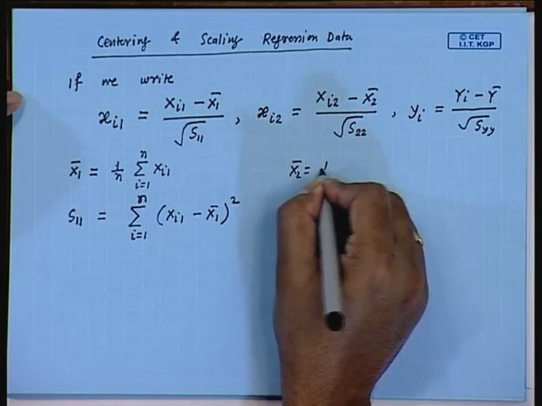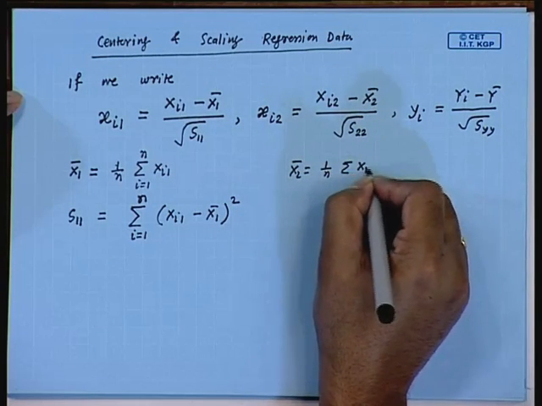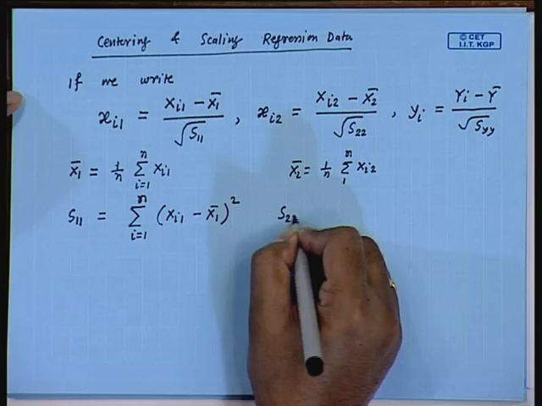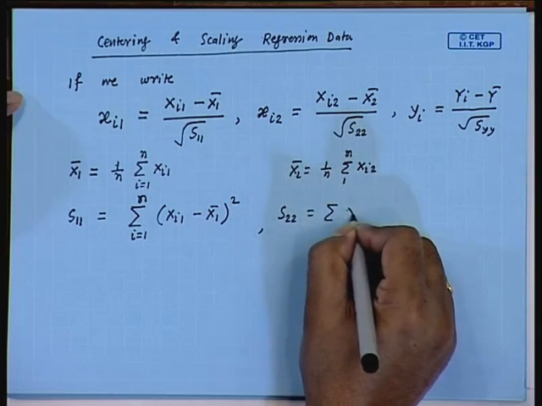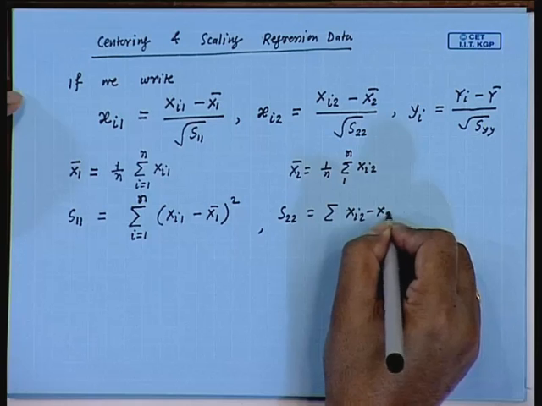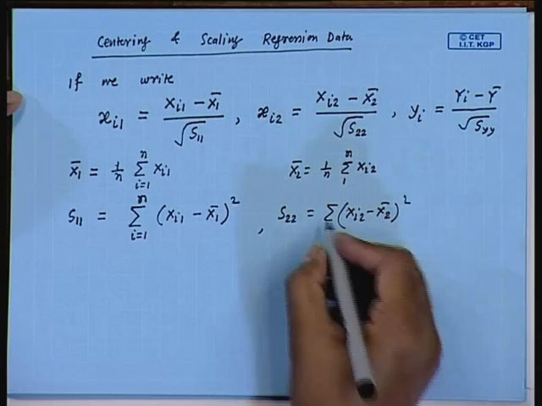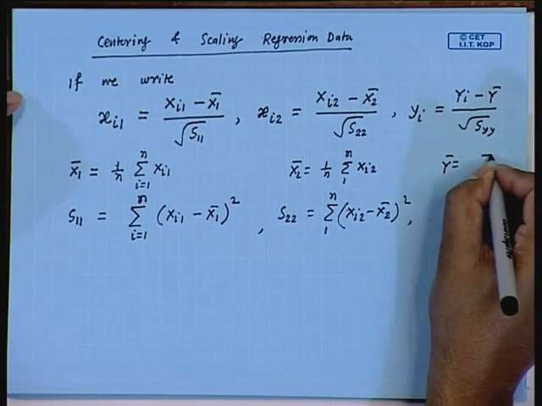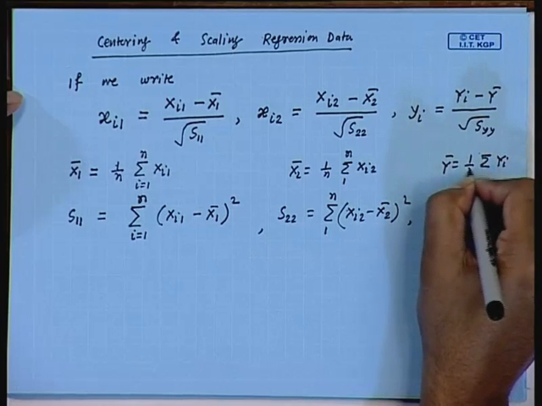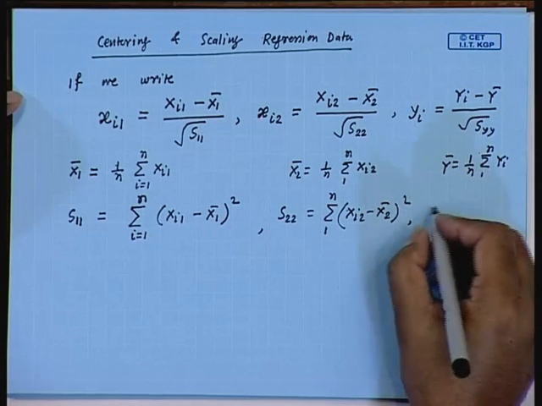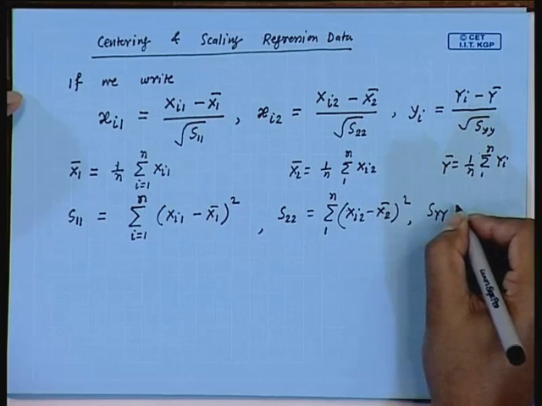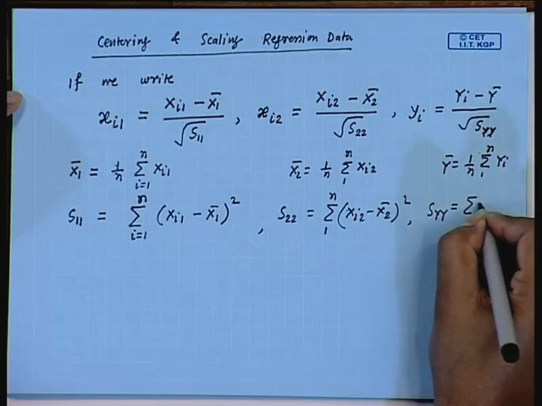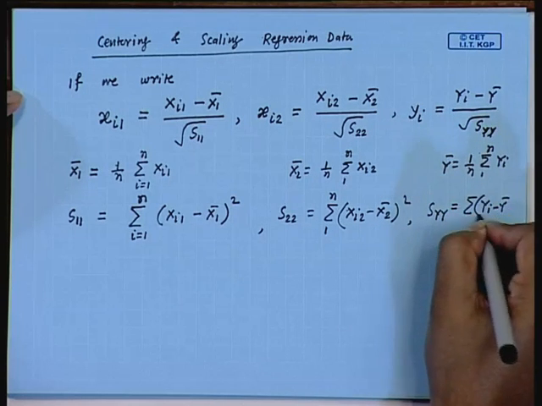So x2 bar is equal to 1 by n summation xi2, i is from 1 to n, and S22 is equal to summation xi2 minus x2 bar whole square, 1 to n, and here also y bar is equal to 1 by n summation yi, 1 to n, right, and SYY is equal to summation yi minus y bar whole square.